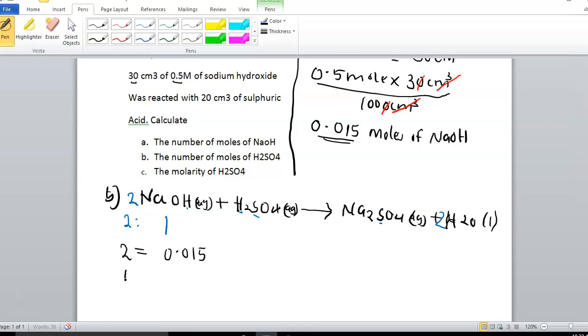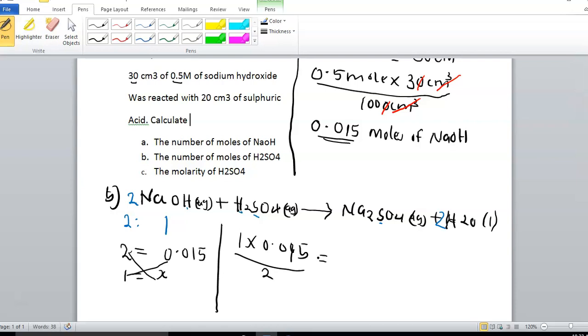What about 1 mole ratio? Cross multiplication. This one is multiplied by this one: 1 times 0.015 mole, all over 2.